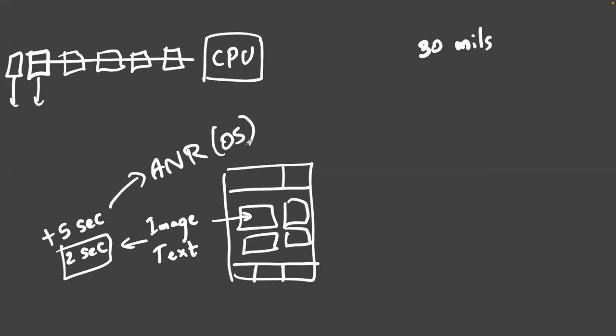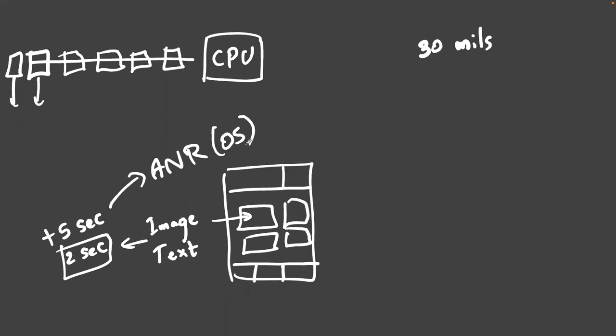ANR means application not responding. They will ask, okay, the application is not responding, do you want to close or do you want to wait? Would you use an app like that if that happens all the time?